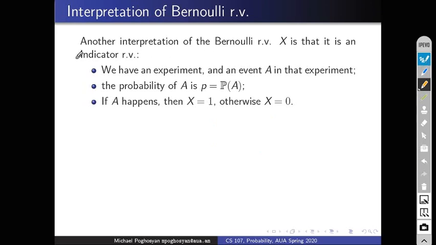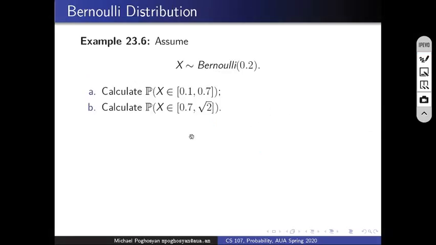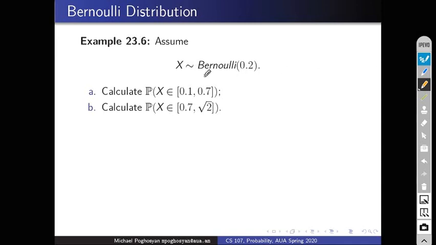Okay. So we can think about Bernoulli random variable as an indicator random variable. Let's move forward. So an example, assume x is Bernoulli with parameter 0.2. We need to calculate the probability that x will be between 0.1 and 0.7, and we need to calculate the probability that x will be between 0.7 and square root of 2.